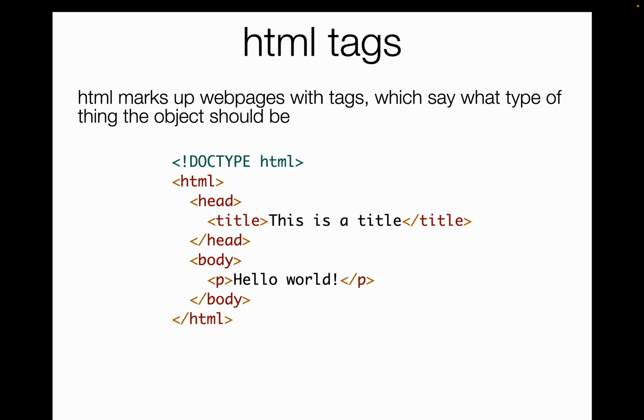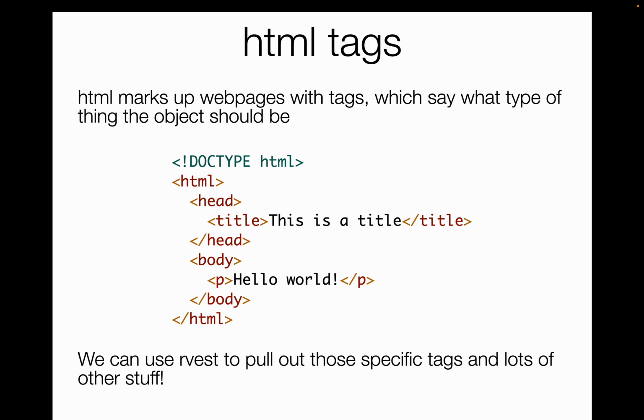It starts with HTML, and that tag is closed with /HTML, so it starts way at the top and closes at the bottom. There's a head, then a title, body, P, so on and so forth. They all mean something different, and we don't really need to worry about them. We just have to know what the tag is, and then we're going to use rvest to search for the tags.